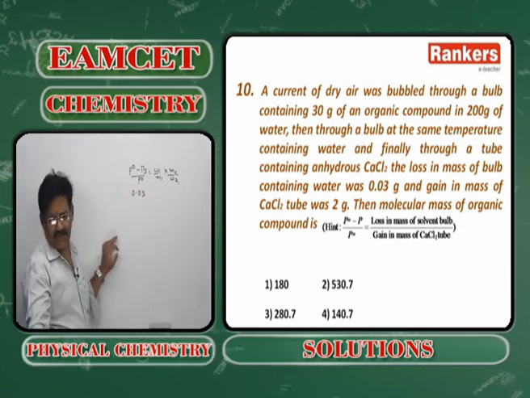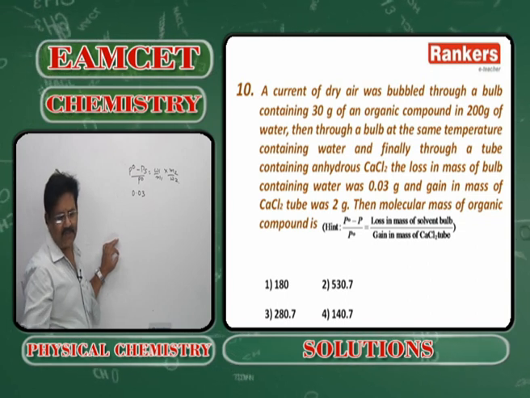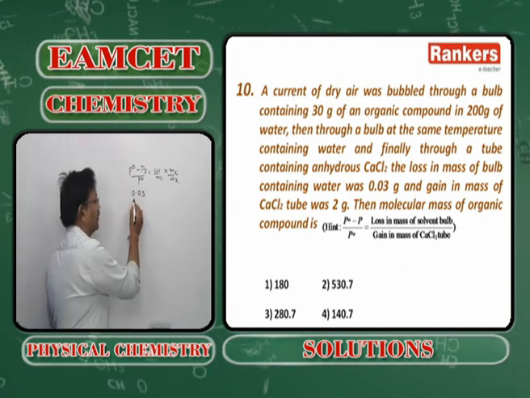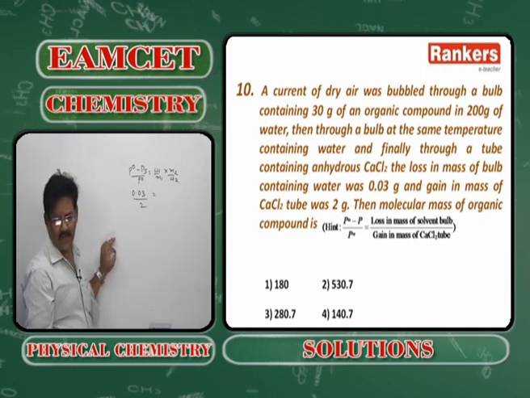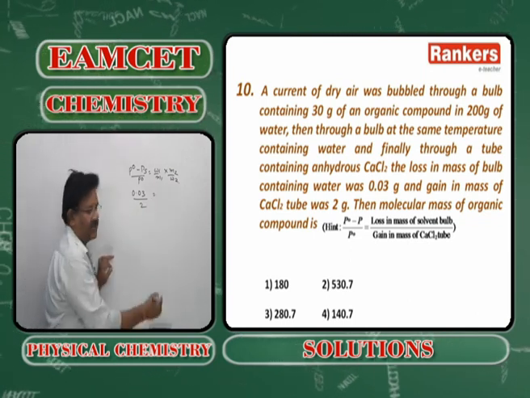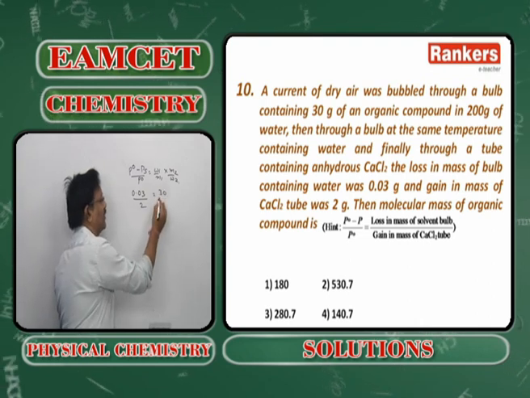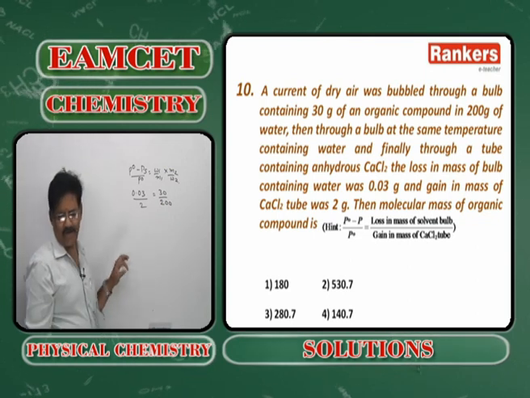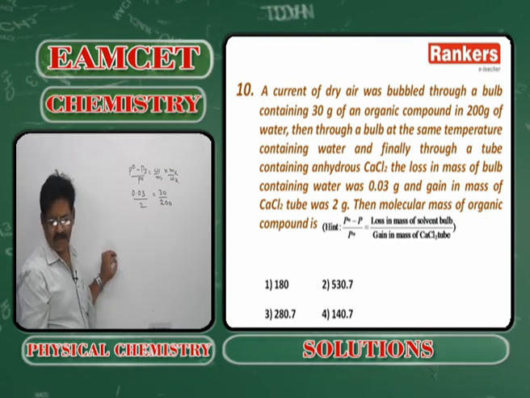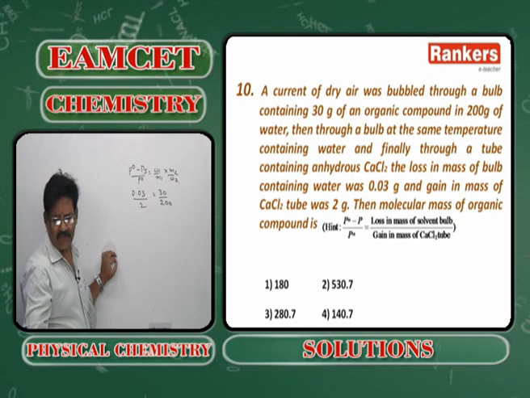0.03. What is the total gain in the mass of the CaCl2 bulb? It is 2. What is the weight of the solute that is dissolved? 30 grams, 30 by 200, for 200 grams of water.